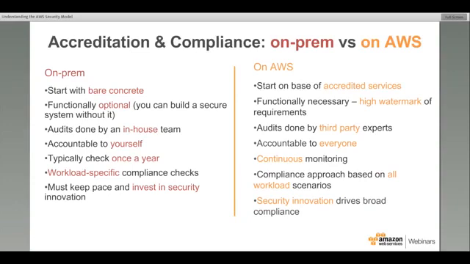One thing that I found working with customers on AWS and across my own experience is that there's a large difference between compliance and accreditation on-premise data centers and on AWS. In on-premise environments, you start with a bare concrete and you're responsible for everything from the concrete up through your application stack.